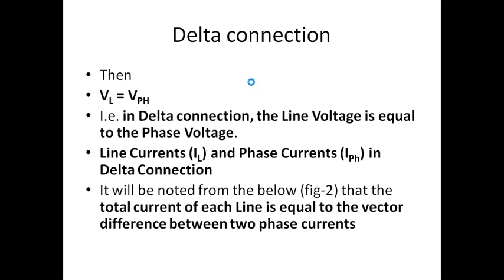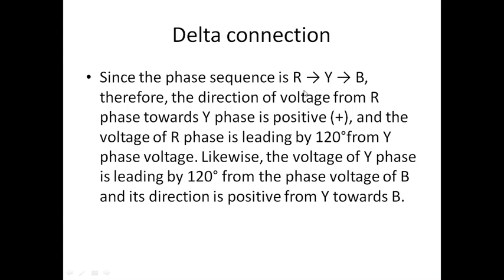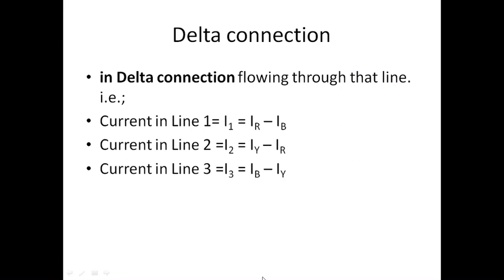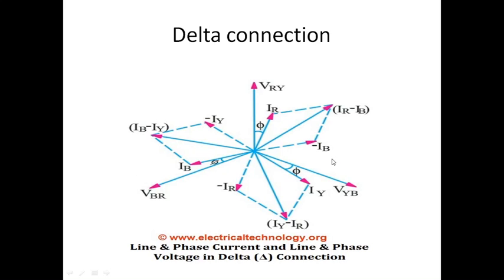Current is flowing through RY, YB and BR. Again, if I want to know my current in line 2, I will specify it in this manner. I go for this because it is taking a closed path, so I use these particular formulas.